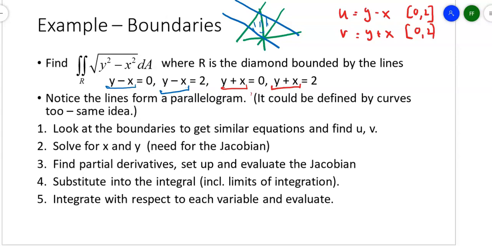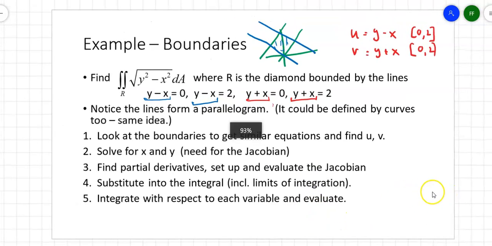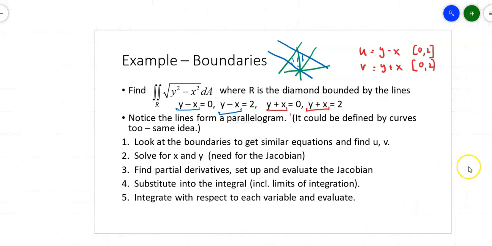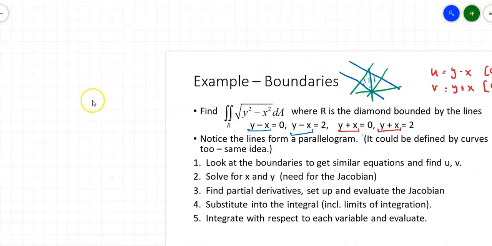But now, what I'd like is those things in terms of x's and y's. I need to solve for x and solve for y because I need it for the Jacobian. So great, now I have a substitution. How do I solve that for the Jacobian? All right, let's come over on the side and rewrite these so that I can figure out what to use. So the two equations we came up with were u equals y minus x and v equals y plus x.